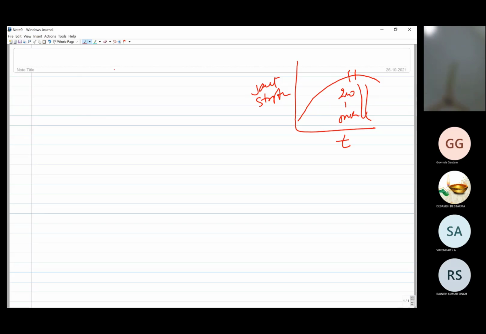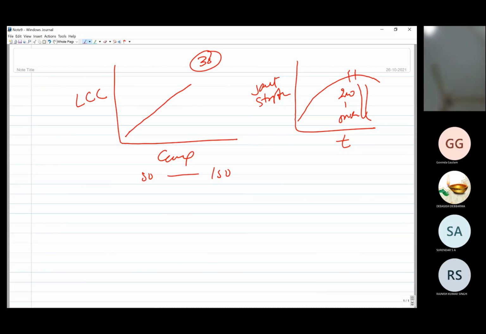As far as the other parameters are concerned, let's say the load carrying capacity of the joint and the curing temperature, which may range from say 50 to 150 degrees centigrade. Obviously for a given time of 30-minute curing, there will be an increase in strength, and thereafter, reaching a maximum level, you will find that the degradation will start.